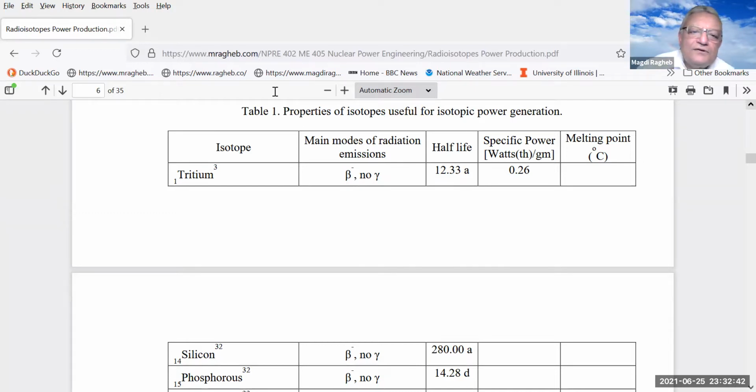Now, tritium is very interesting because it doesn't emit gamma radiation, and we'll see later that gamma radiation is extremely penetrating. It emits only negative electrons, beta minus emissions. Its half-life is 12 years, so it can last basically a good lifetime, and the specific power is 0.26 watt thermal per gram. So it's 1/2 the specific power of the plutonium-238 isotope.